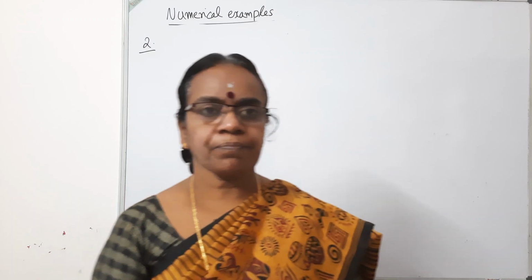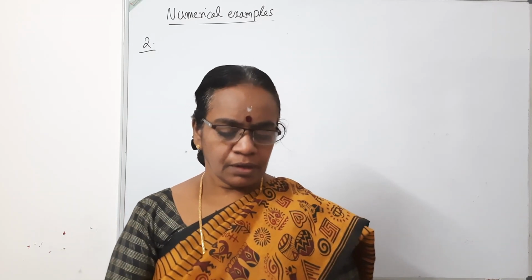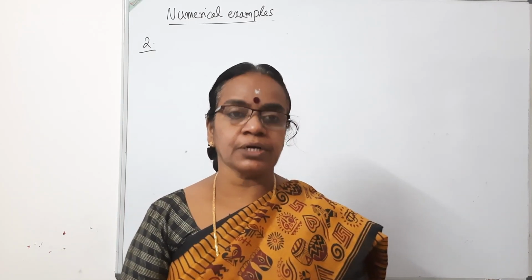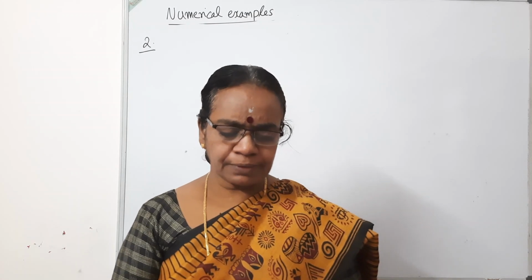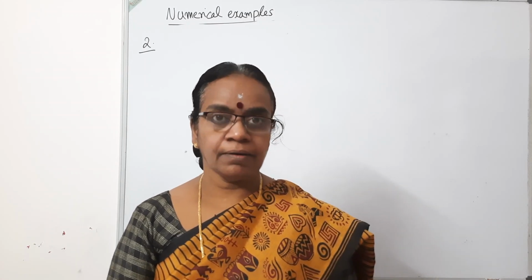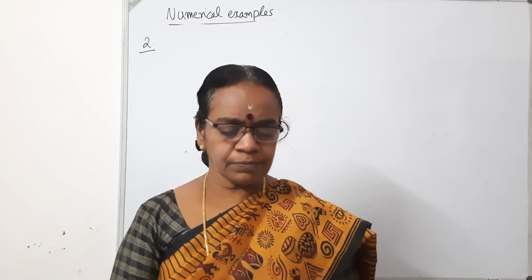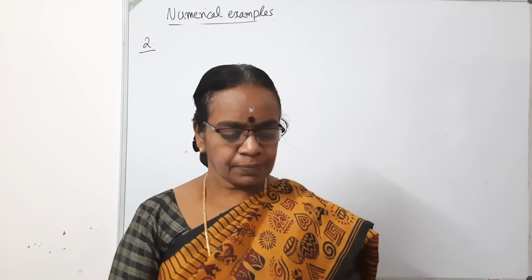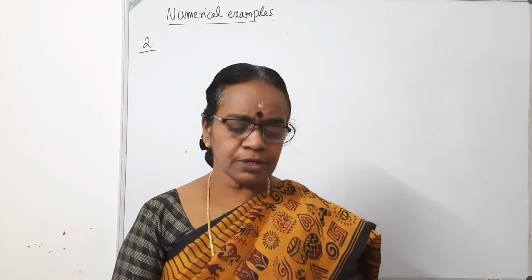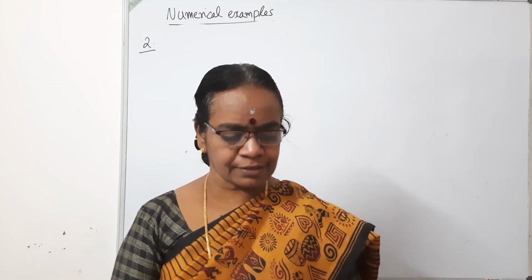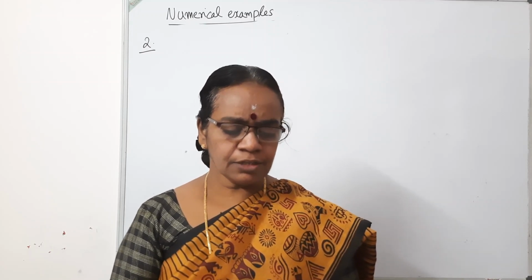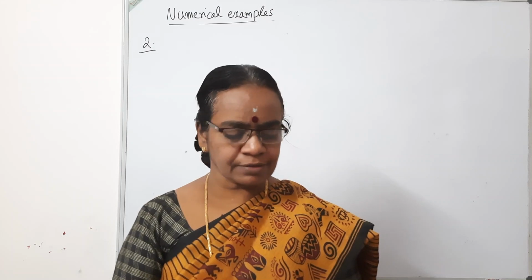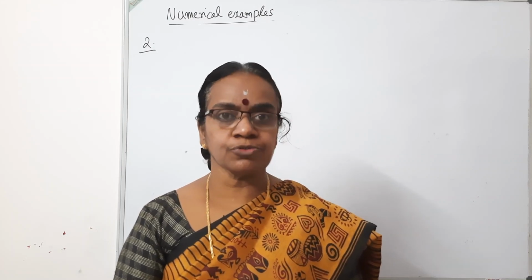Second question, we'll read the question here. A force vector of 200 Newton is represented by a line MN whose coordinates are M(2,3,4) and N(3,6,9). Determine the components of the force along the XYZ axes, the angles which the vector makes with the XYZ axes, and specify the force vector.